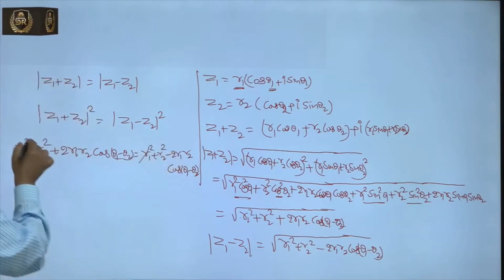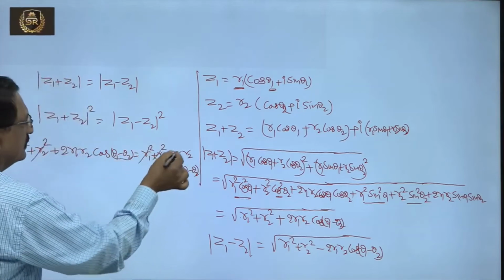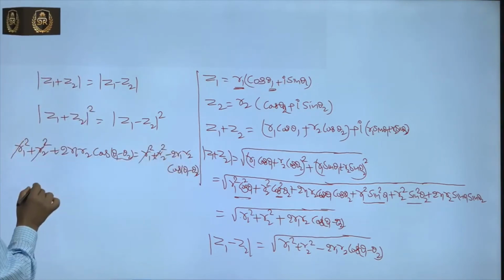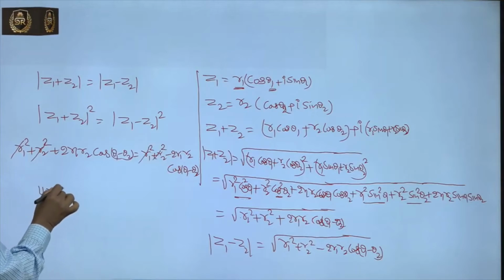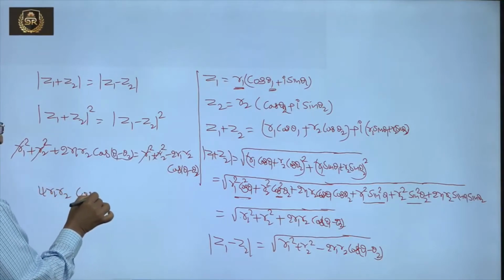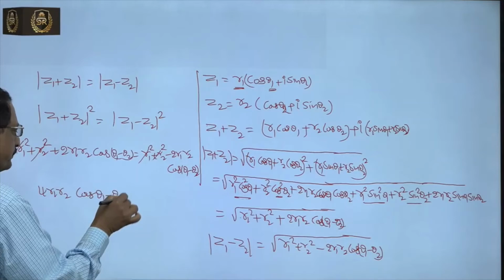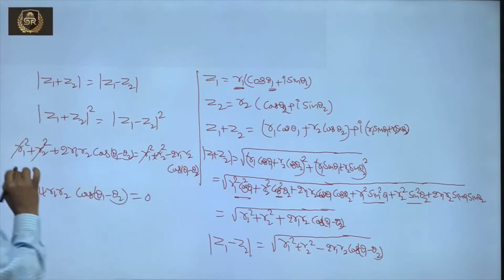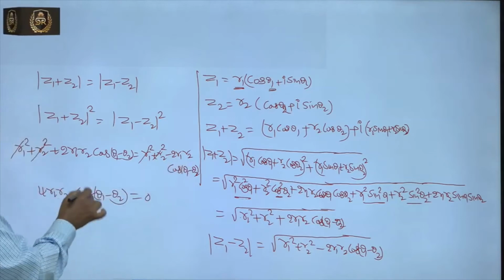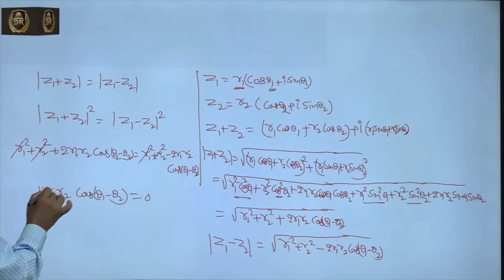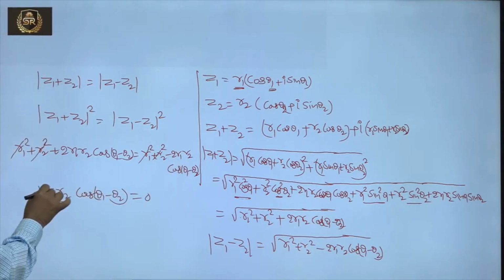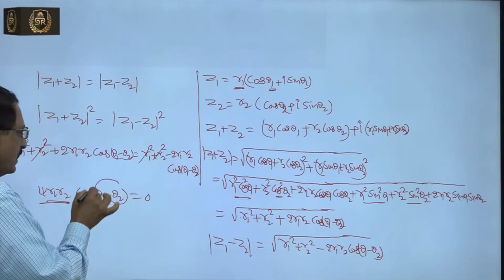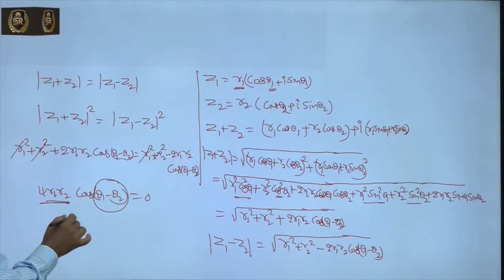Now r1 square cancels, r2 square cancels, taking everything to the left side, we get 4 r1 r2 cos of theta 1 minus theta 2 equals 0. Here its modulus is 4 r1 r2 and amplitude is theta 1 minus theta 2.